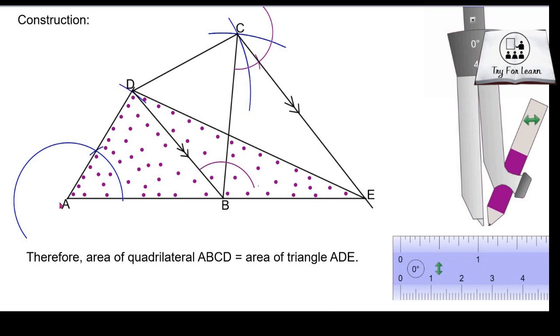Then by the help of that rough sketch, we have drawn quadrilateral ABCD, and after that we have joined diagonal DB, and then we have taken an arc in B as shown in the figure, and the same arc is taken from C, and we have measured the arc which is in B. That means this arc is measured and the same arc is taken here in C, and C and that intersecting point were joined, and then we get DB parallel to CE, and then we have joined D and E and the required triangle ADE, whose area is equal to quadrilateral ABCD, is drawn. It is the complete solution for this question number 1.